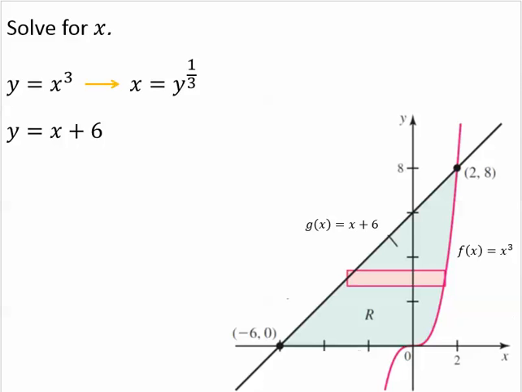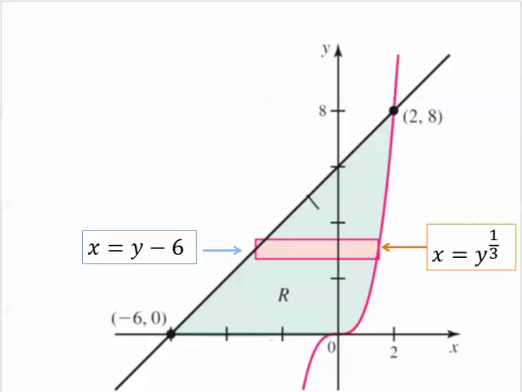So if y equals x to the third, then x equals y to the 1/3. And if y equals x plus 6, then x equals y minus 6. So the curve on the right is x equals y to the 1/3. The curve on the left is x equals y minus 6.